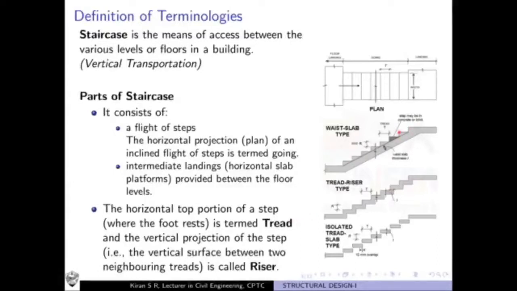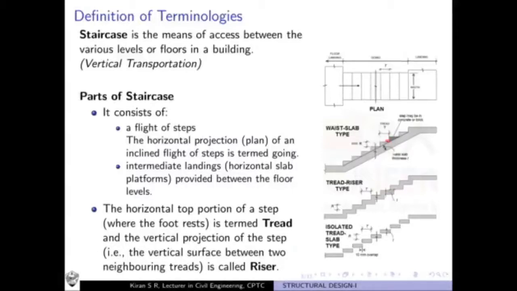And the step will have a vertical surface as well, which we call the riser. So every individual step in all kinds of staircase will have what is known as tread, which is the horizontal surface, and what is known as a riser, which is the vertical surface.